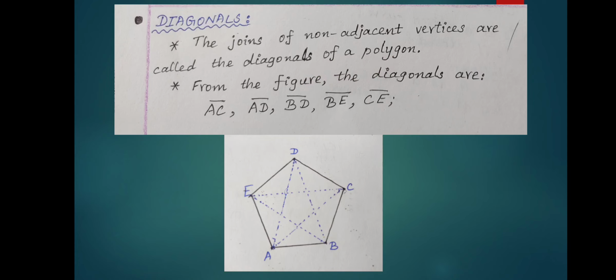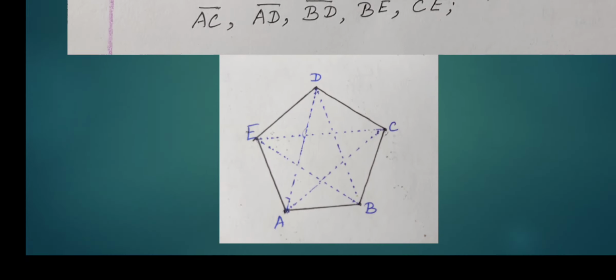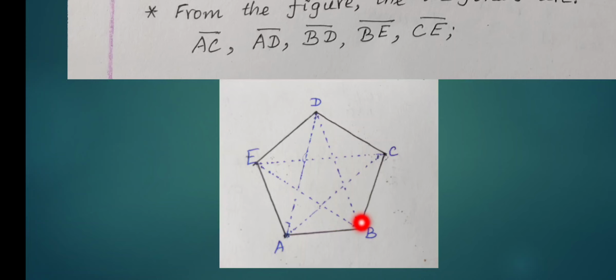From the figure, you see A and B are adjacent vertices, A and E are adjacent vertices. Now, A and C are non-adjacent vertices. So, the line joining A and C is a diagonal of this polygon ABCDE. Similarly, A and D are non-adjacent vertices.